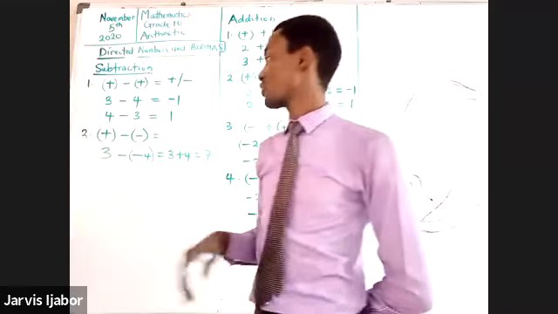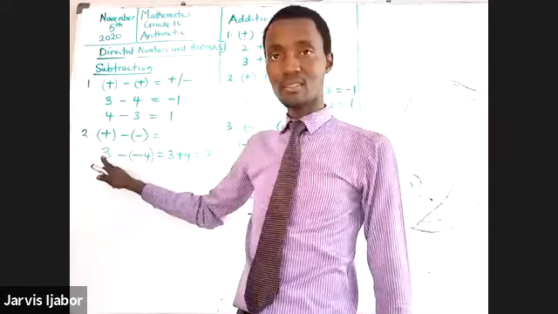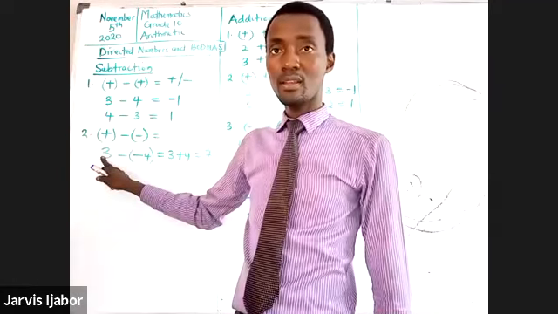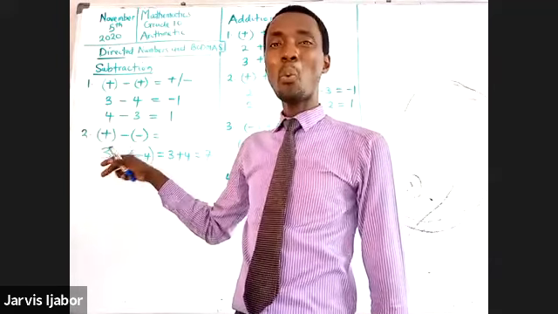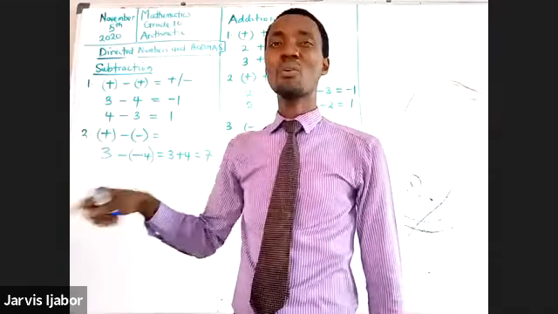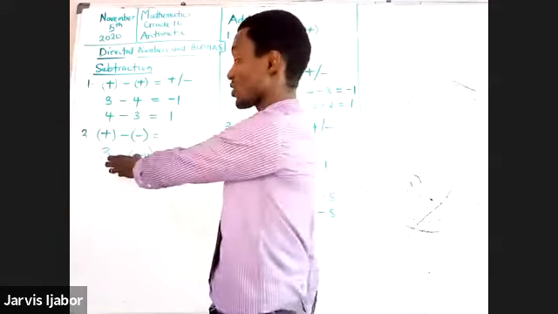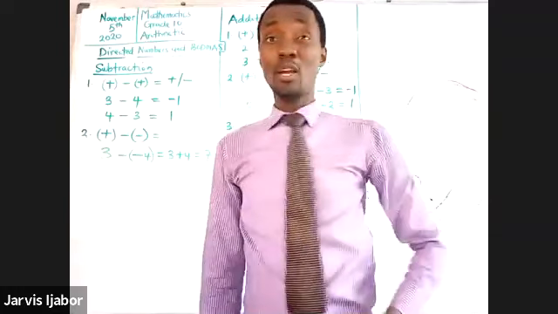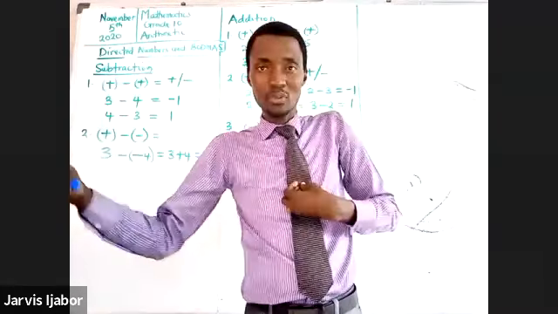But let's also try to really analyze this. I have three things, and somebody is giving back what he owed me. What do I have? Now, in this context, when you say 3 minus, it means I have something and I'm giving out.